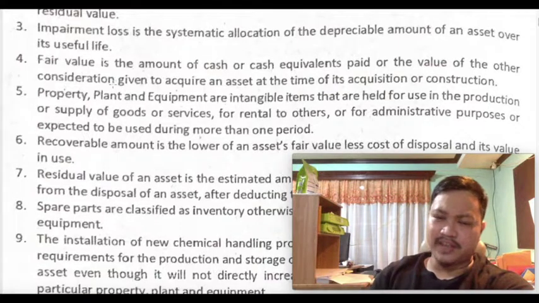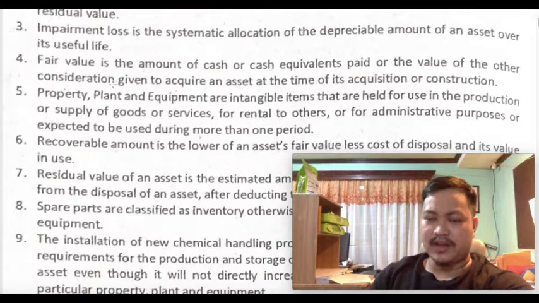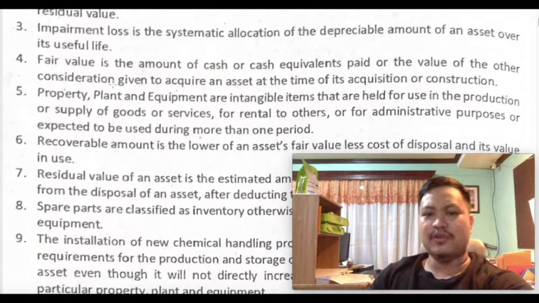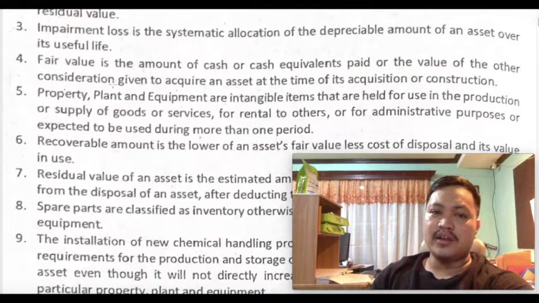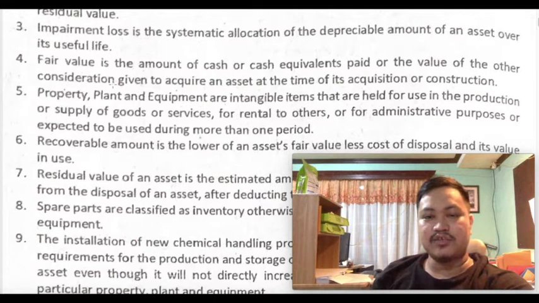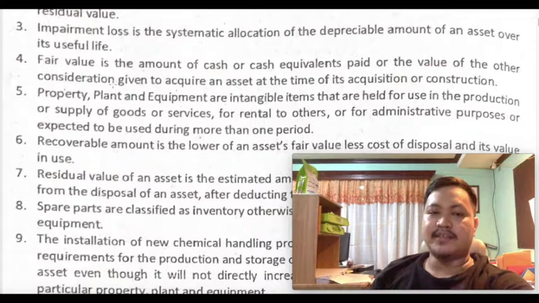Number 4 is not fair value but is actually the cost. If you'll try to remember as to what constitutes cost for inventories, class, it would be very similar as to what is the definition given in number 4. So that means the concept of what cost is that was discussed in PAS 2 is similar to the concept of cost used in PAS 16.